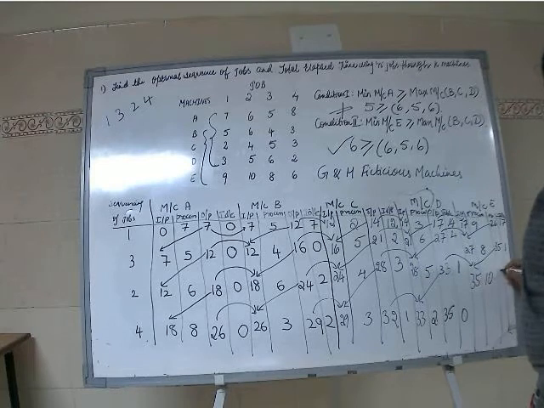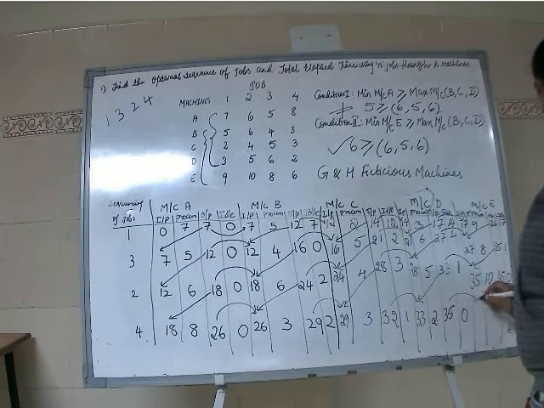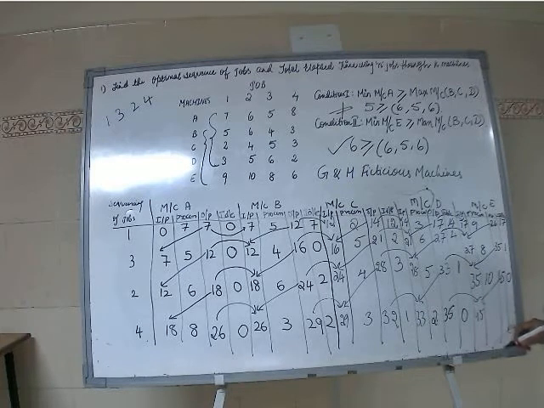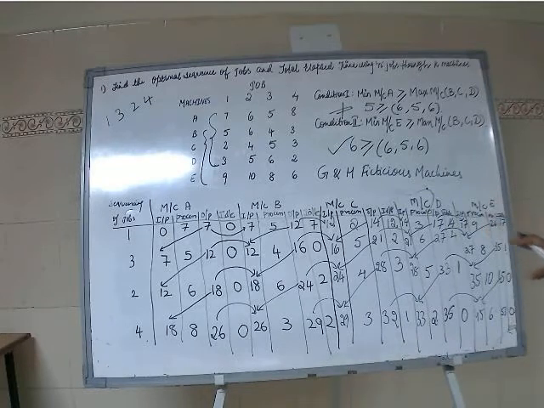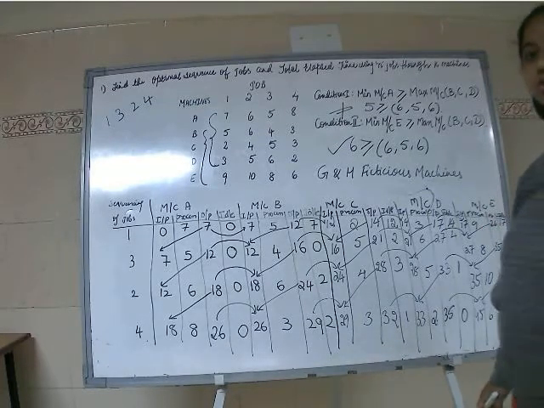Then it becomes 45. Idle is again 0. Then 35 and 45. 45 is the highest. The process value for 4 is 6. So when I sum up, it becomes 51. Idle will be 0. So this is how I calculated for all the 5 machines, students.